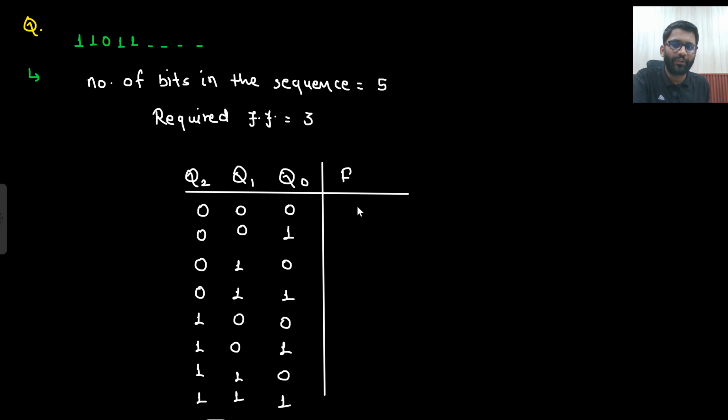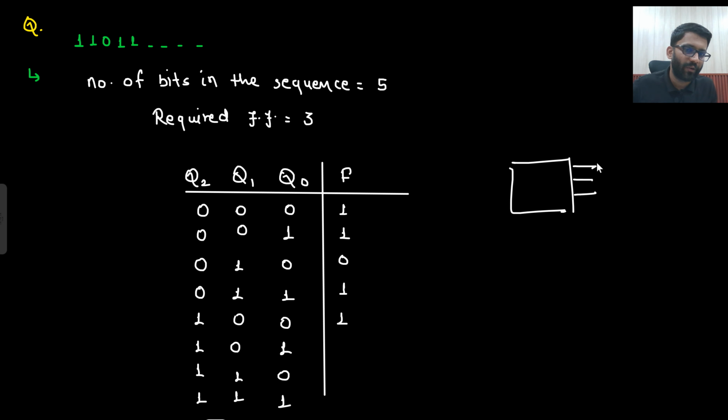If 0 0 0 comes, F is 1; 0 0 1 comes, 1; 0 1 0 comes, 0; 0 1 1 comes, 1; 1 0 0 comes, 1. After that, what should be your F? There is an up counter. 0 0 0 is coming, F should be 1. Basically, this is the scene.